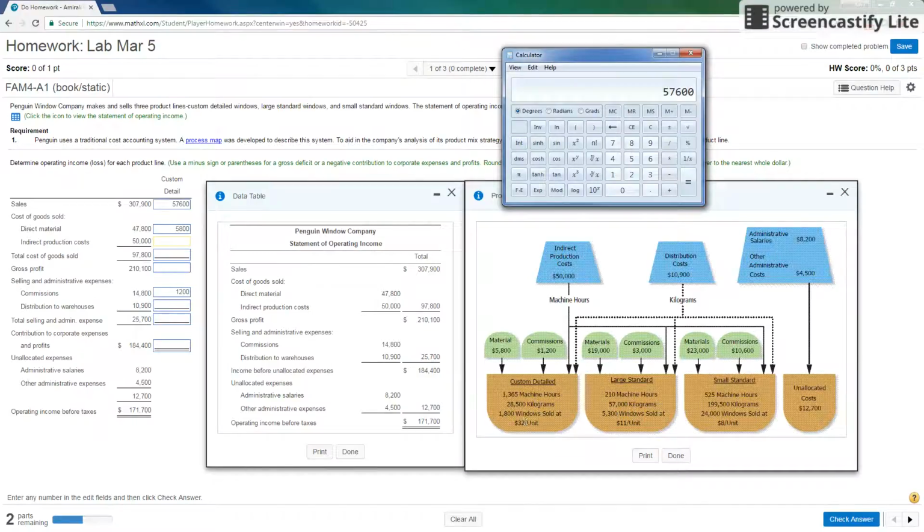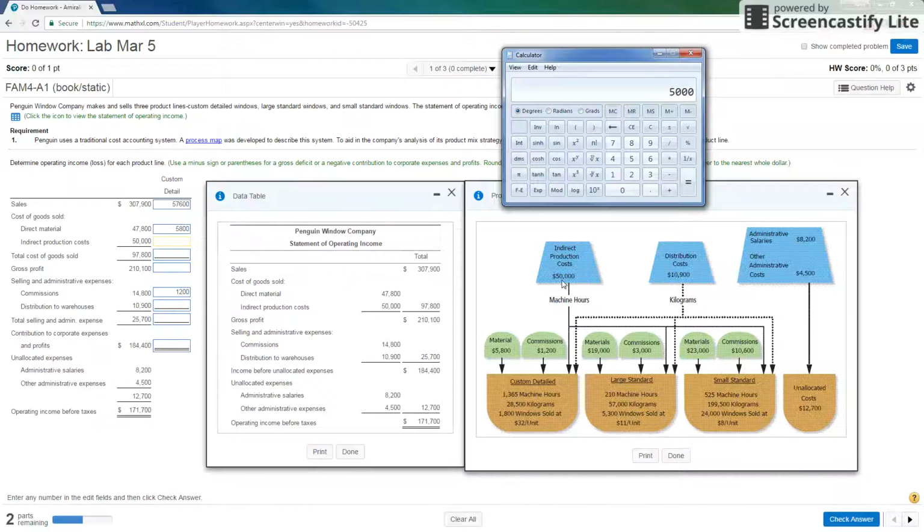How many machine hours did we use? For the custom detail, we used 1,365. For the large standard, we used 210. And at the end, for the small standard, we used 525. In total, we used 2,100 machine hours, and it cost us $50,000.